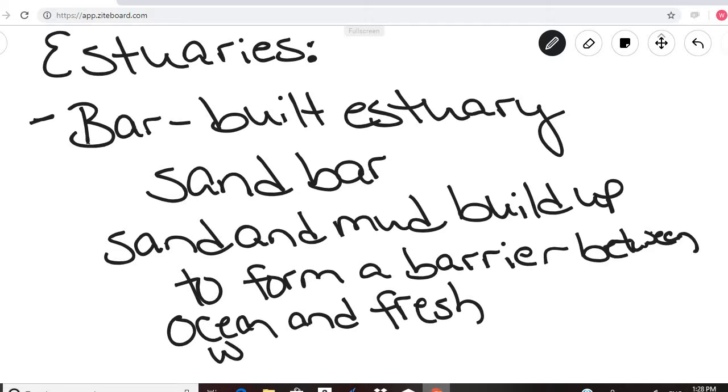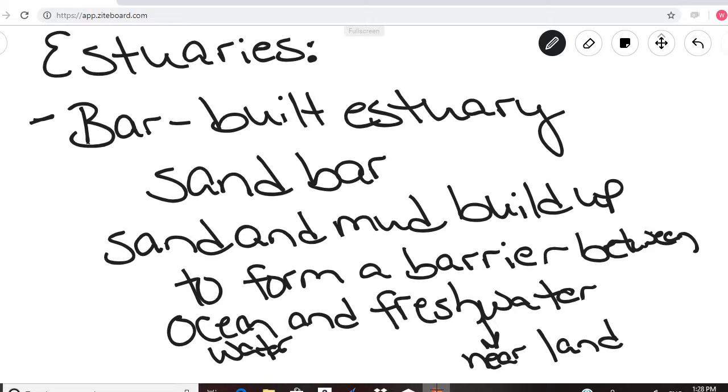Between the ocean water and the fresh water. So, in other words, the fresh water would be more concentrated toward the land, and the salt water would be concentrated more toward the ocean. One place that we have these bar-built estuaries in the United States is in the Gulf of Mexico.